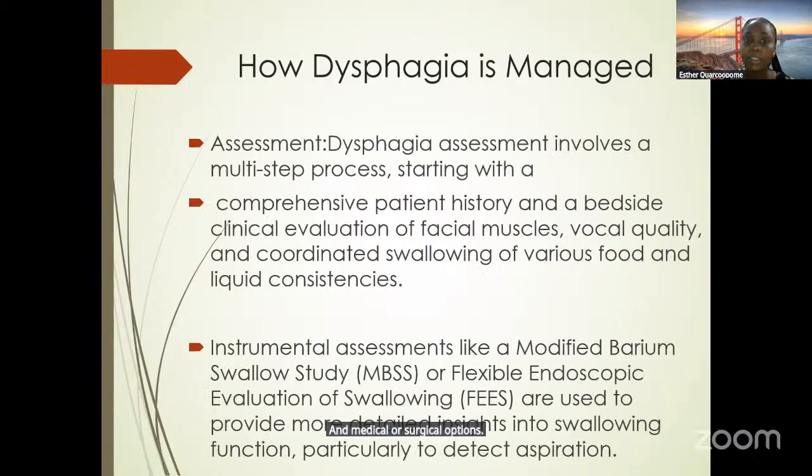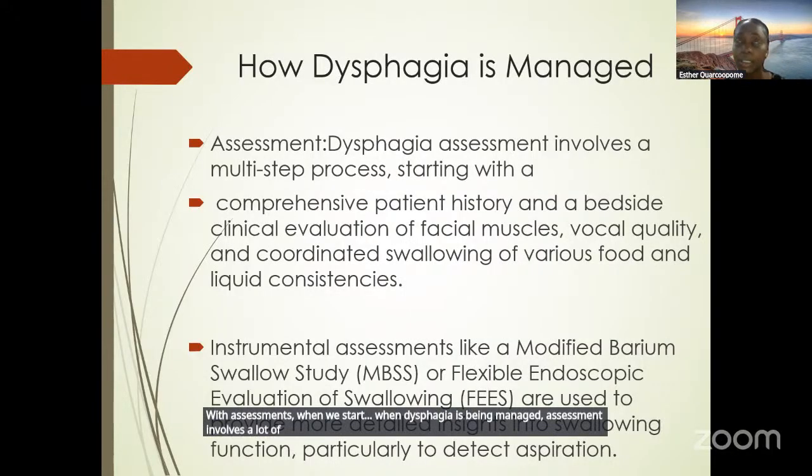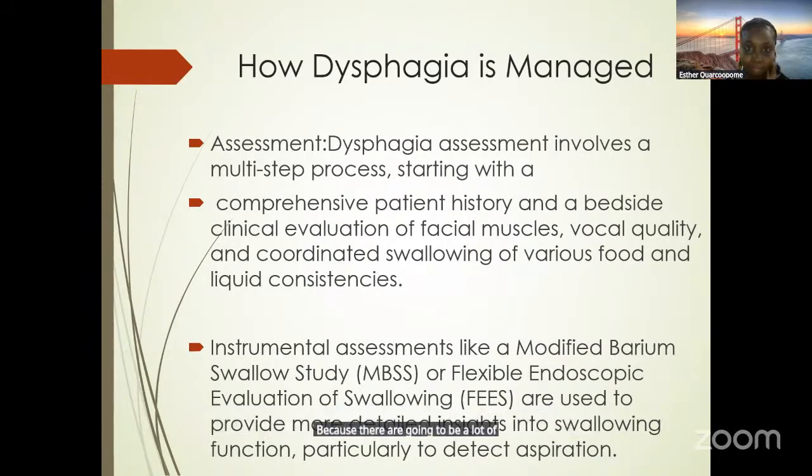But I would like to say that when dysphagia is being managed, assessment involves a lot of steps and processes. It's not an easy thing because there are going to be a lot of tests and test evaluations to show that dysphagia is actually happening.